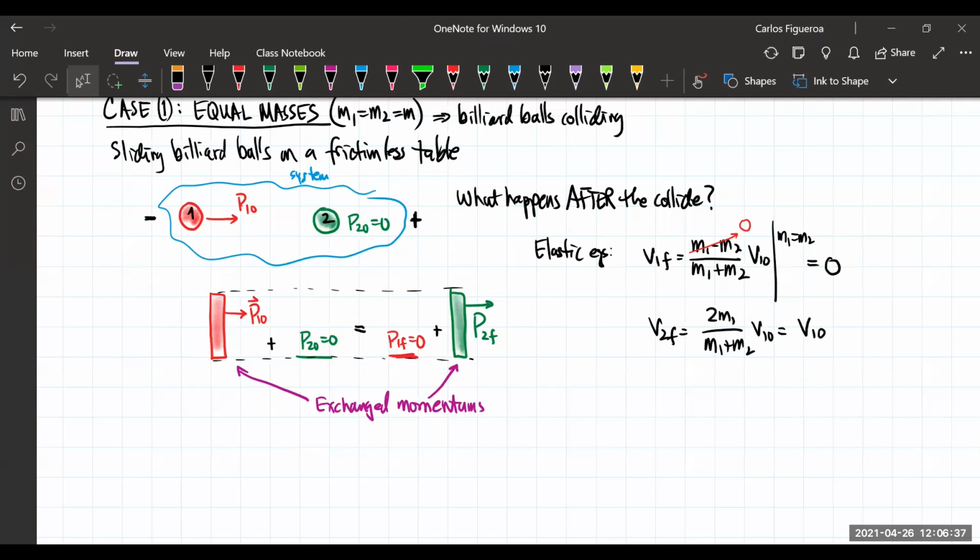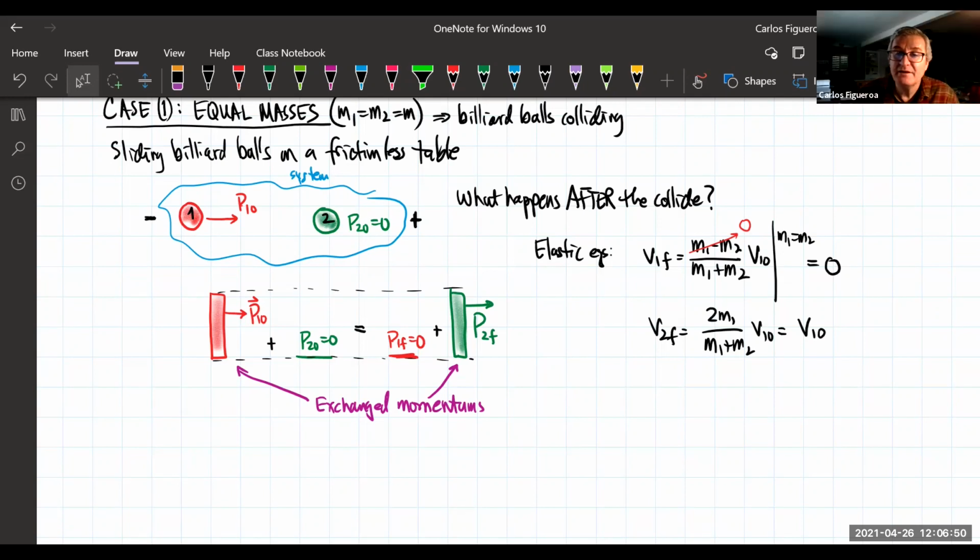And is it because momentum is mass times velocity that the velocity is the vector component, so there's an exchange of direction in a sense? It's not an exchange of direction. It's an exchange of mass times velocity. Momentum is not just velocity.